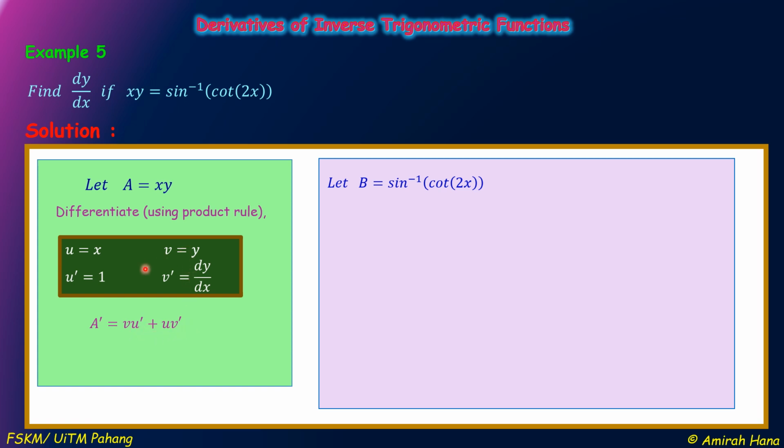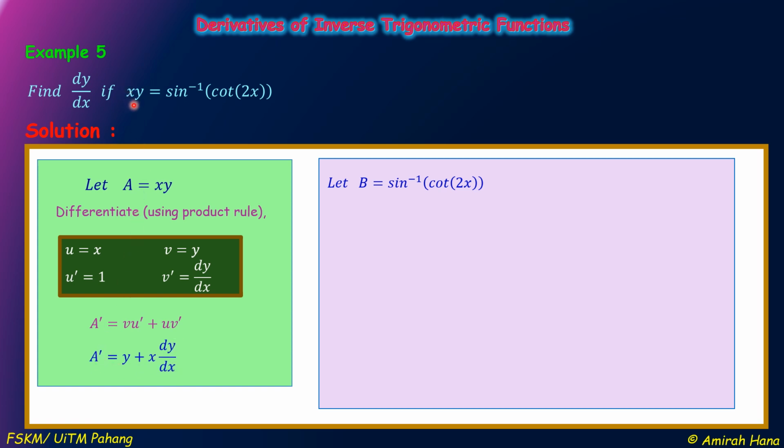So a prime equals v times u prime, we multiply y by 1, so we get y, plus u times v prime, we multiply x and dy over dx, so we get x dy over dx. So this is our a prime.